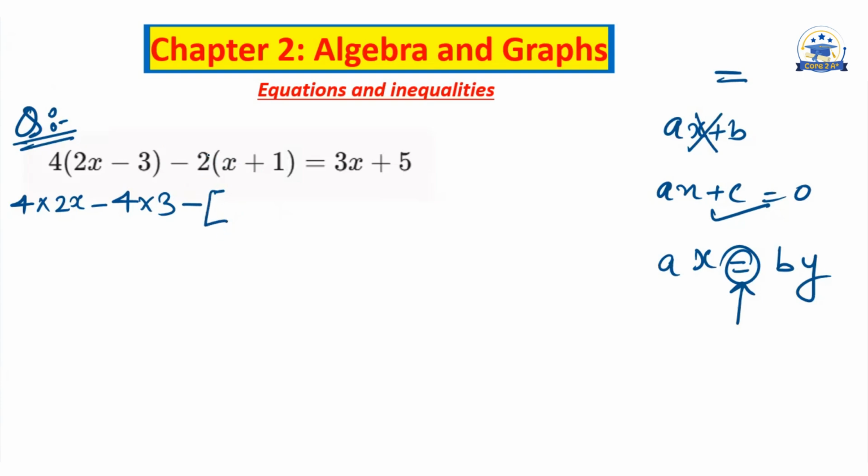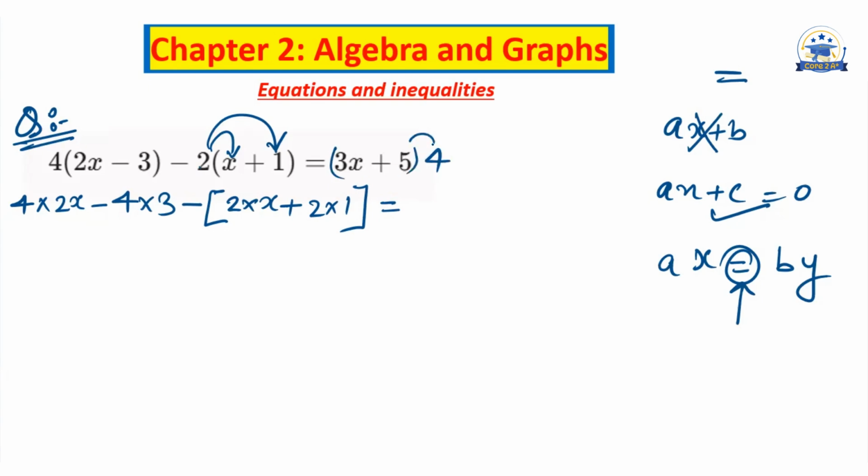Now we will follow the same steps as we followed here. 2 times x plus 2 times 1. And here do we have anything like this?